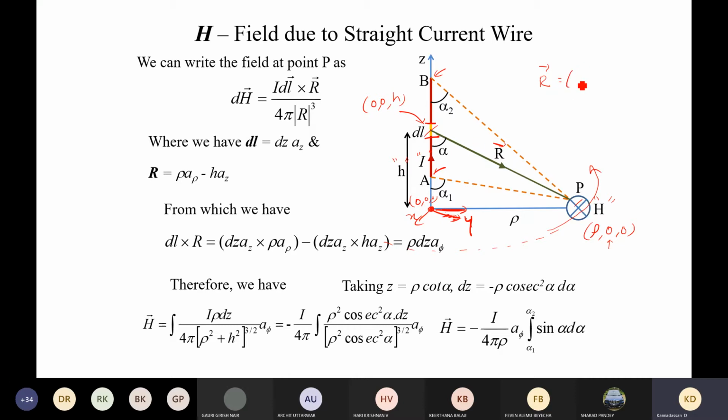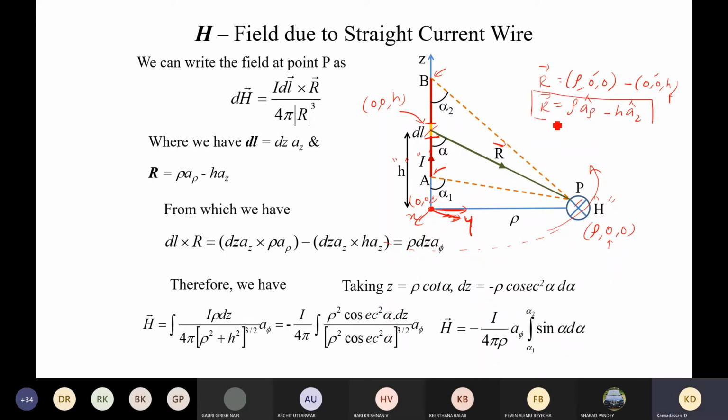In other words, rho, 0, 0 minus 0, 0, h. So you will get rho a rho vector minus h a z vector, because along the z direction it is available. And what about the phi direction? There is no change, so obviously that particular term need not come. So this is the r vector.